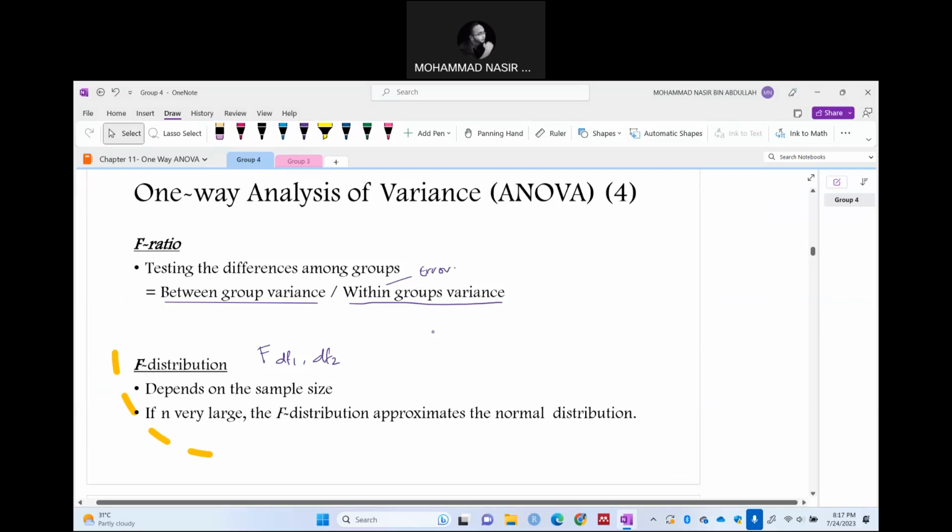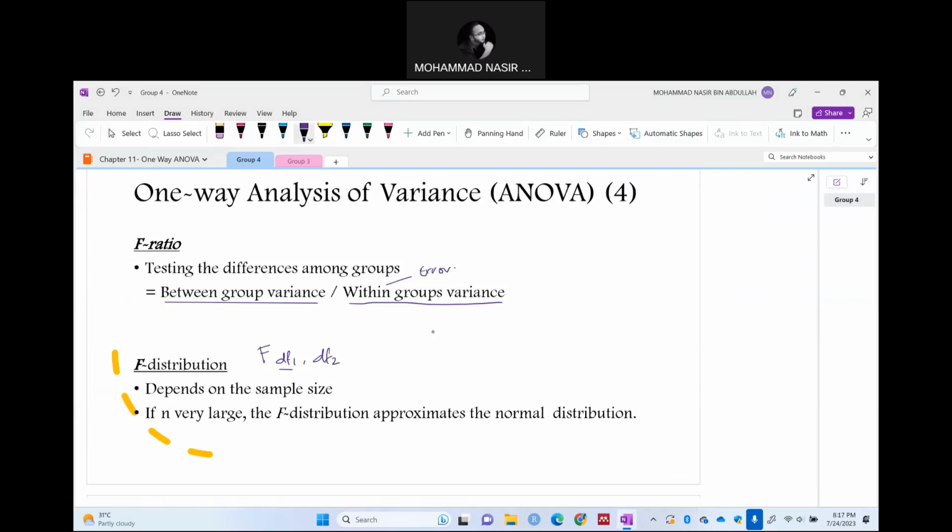So in the F distribution, it contains two degrees of freedom, number 1 and number 2. Degree of freedom number 1 is the degree of freedom for group or treatment, and this is the degree of freedom for error or residual, or within group.